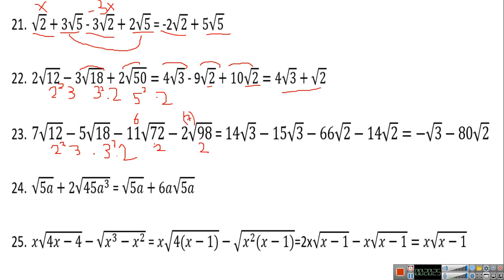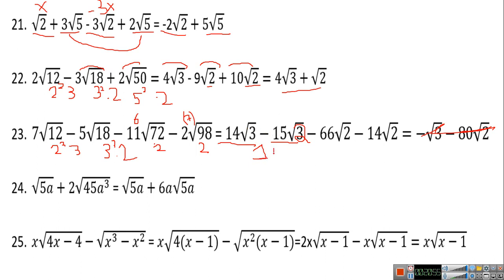So what do we get? Here 2 outside, 14 root 3. Here 3 outside, 15 root 3. Root 9 times 2 root 2. I have some mistake in these. Here 6 root 2 and here minus 14 root 2. So now what do I get? All are root 2s except this one, which is my 14 root 3.